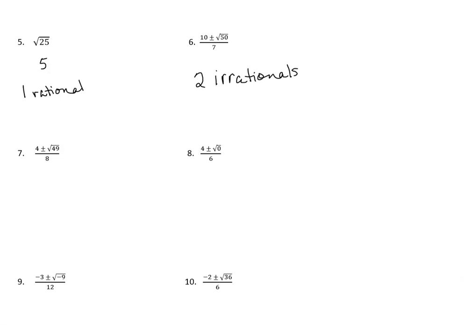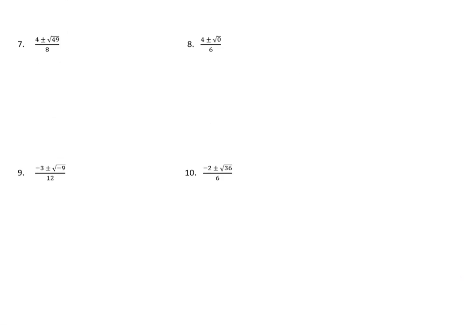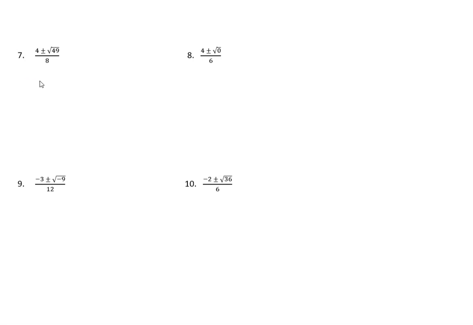Problem number 7, I have a square root of 49, so that I can simplify this to 4 plus or minus 7 over 8. Now this is going to be 4 plus 7 over 8 for one of my answers, and 4 minus 7 over 8 for one of my answers. I don't really care what they are. I can see that I just have integers here. I don't have any square roots.